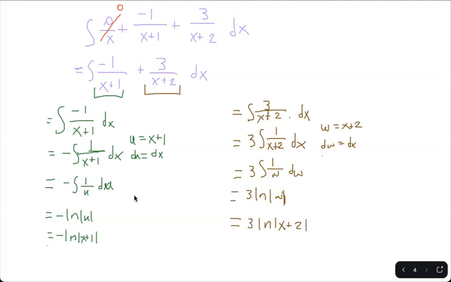And so when we combine both, we have negative ln x plus 1, plus 3 ln x plus 2, plus c.